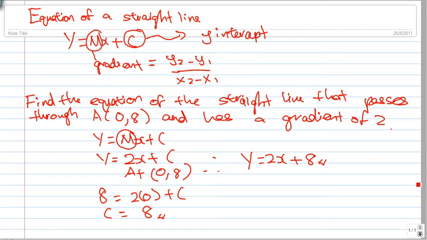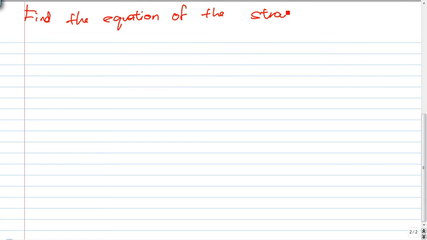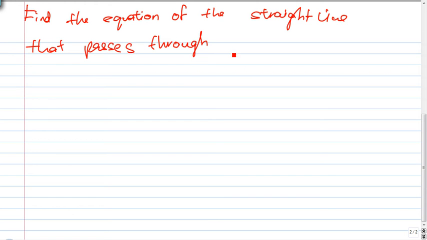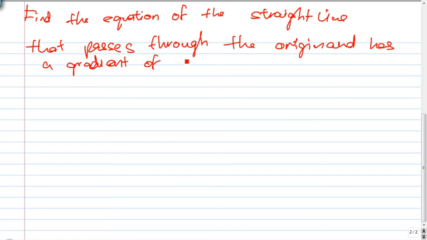Maybe another example would seal your understanding. Let me write the question here. Find the equation of the straight line that passes through the origin and has a gradient of 3.